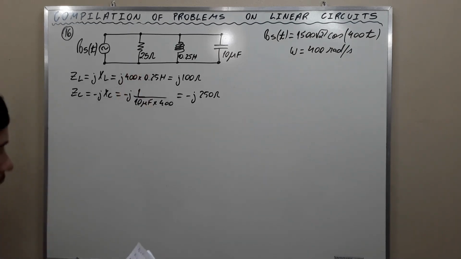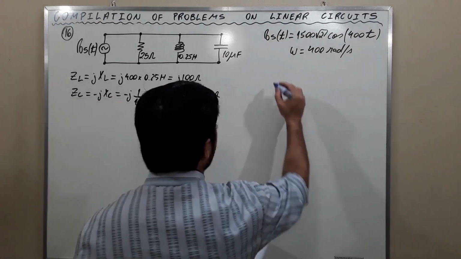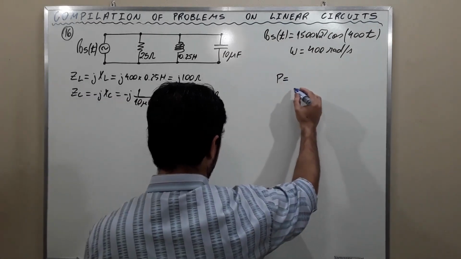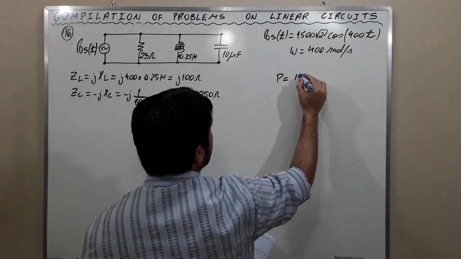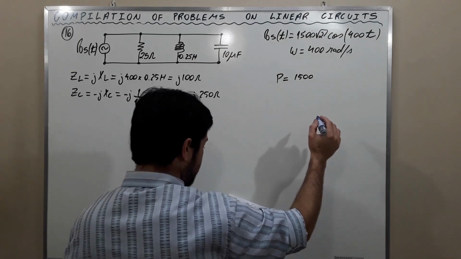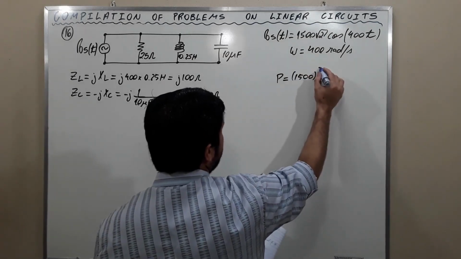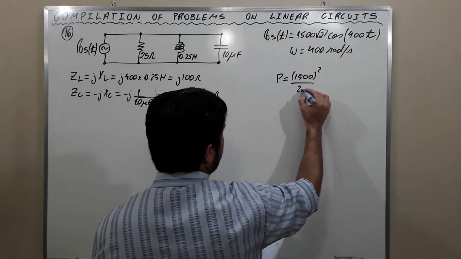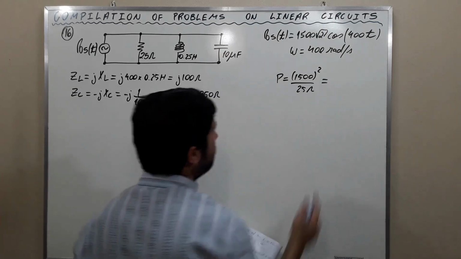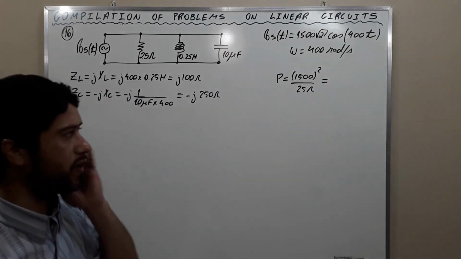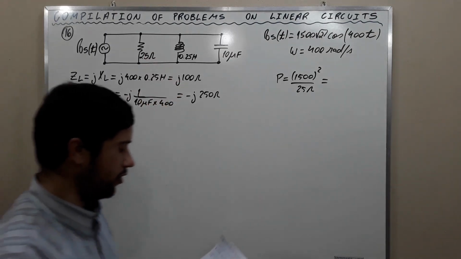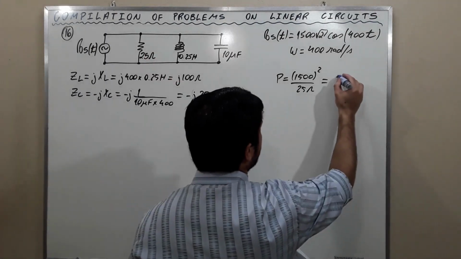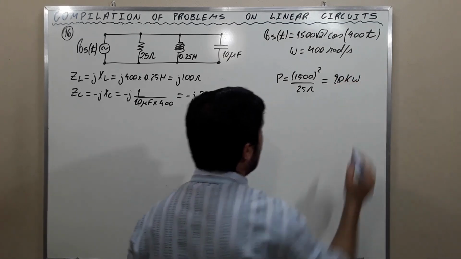So for the resistor, P is equal to the voltage, 1500 squared divided by 25 ohms, okay? Voltage squared divided by resistance is the real power consumed by the resistor, and it is equal to 90 kilowatts.